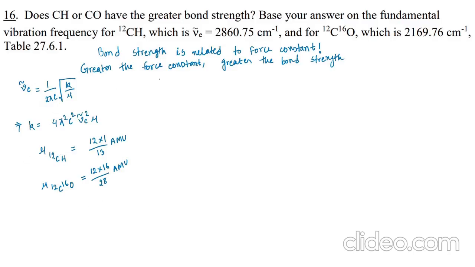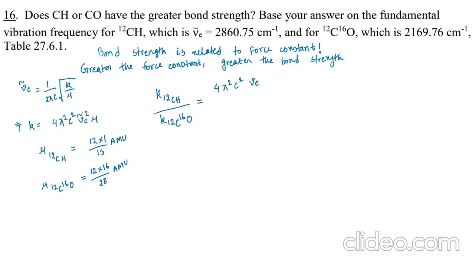Suppose I will just take a ratio of the force constant for 12CH divided by force constant of 12C and 16 oxygen. Then see, these are common, 4 pi square c square.